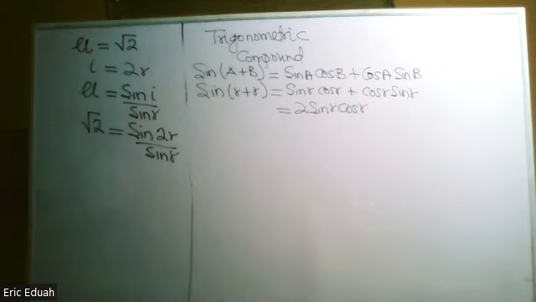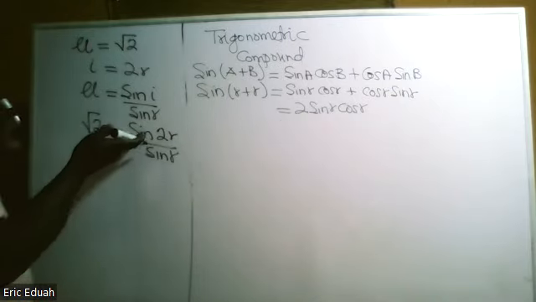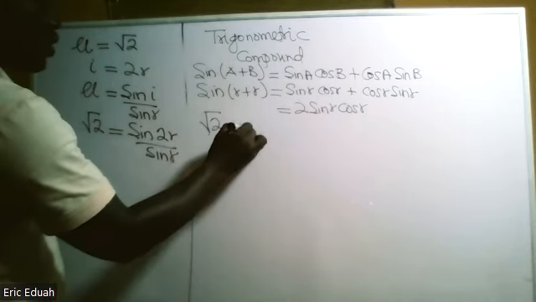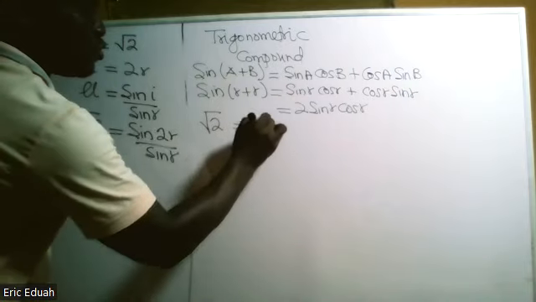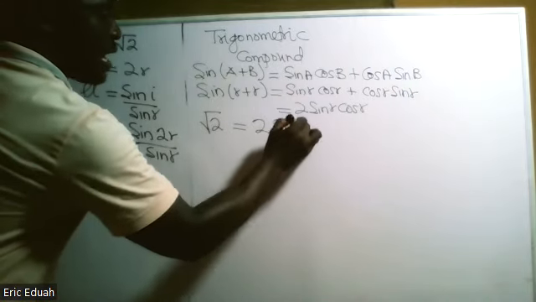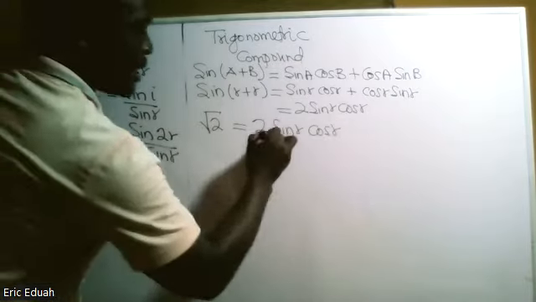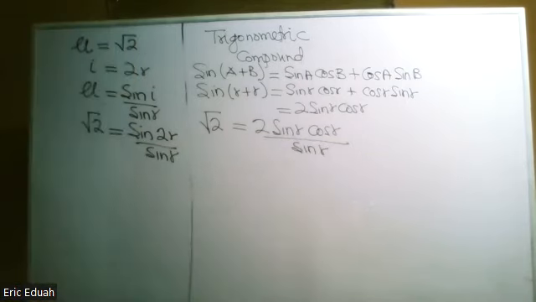Are you okay? Yes, please. So substitute this in place of this. So we have root of 2 is equal to sine 2r, which is 2 sine r cos r, divided by the denominator sine r.